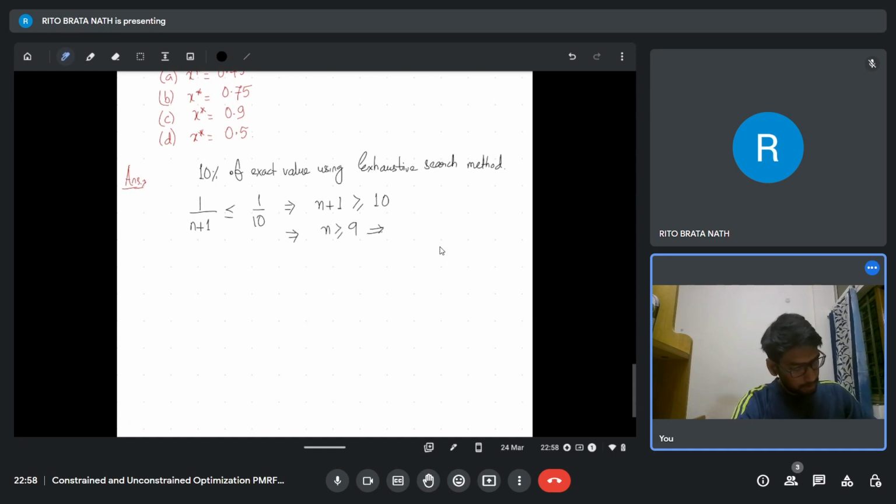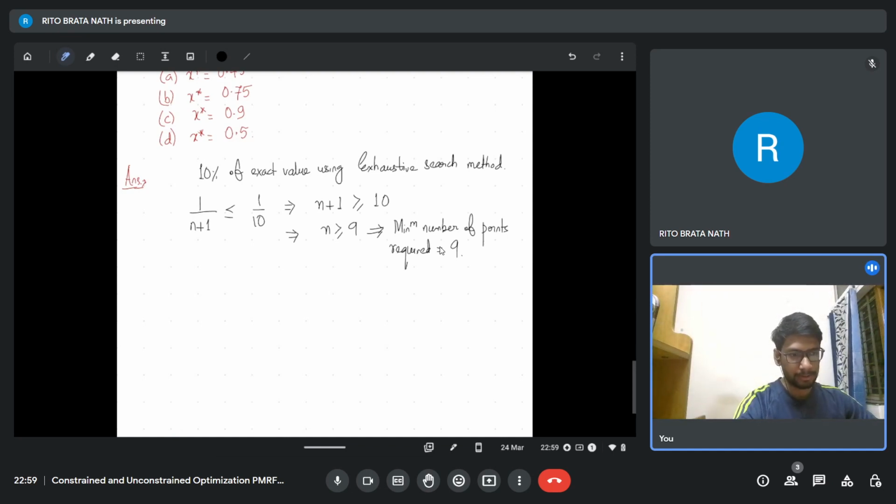So the minimum number of points required equals 9. That means you will be dividing your interval 0 to 1 into exactly 10 equal sub-intervals. That way you'll get 9 intermediate points.